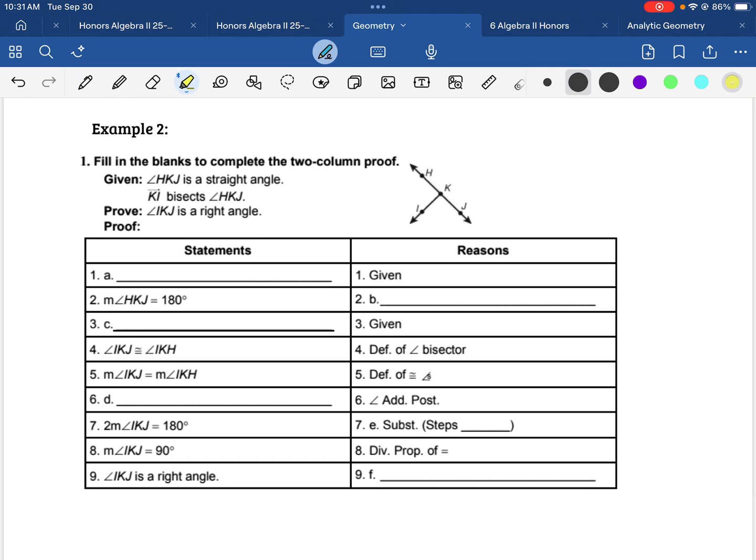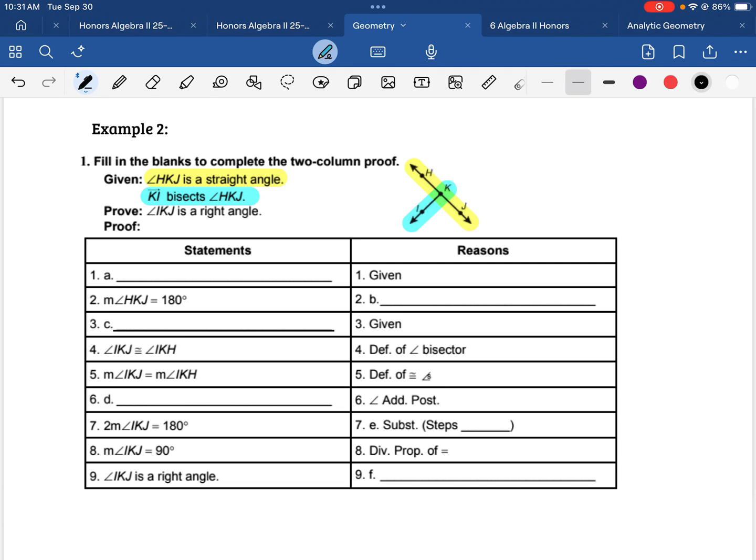This angle right here, we are given that that is a straight angle, and we know that ray KI bisects the angle HKJ. Our final step of this proof will be that angle IKJ is a right angle. That is what we are trying to prove.